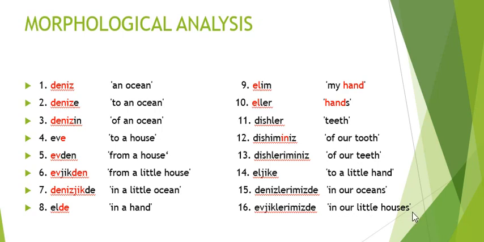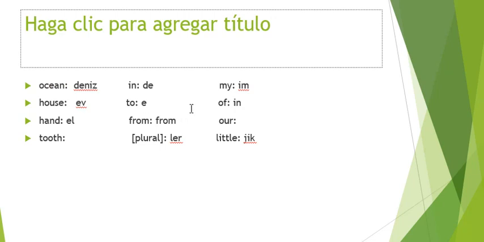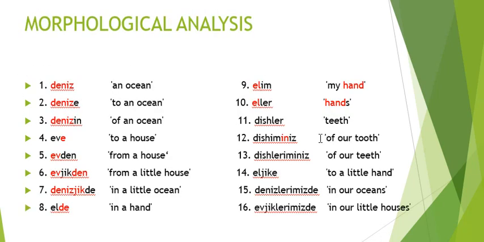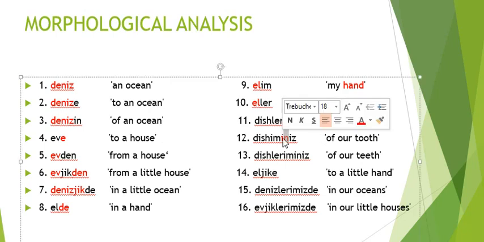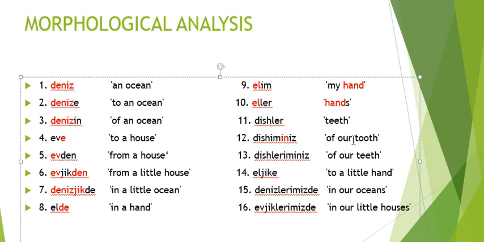Now, at this time you know, how do you say of in Turkish? Okay, of in Turkish is in. Yes, you have it here, in. And how do you say, well, we don't know how to say tooth.